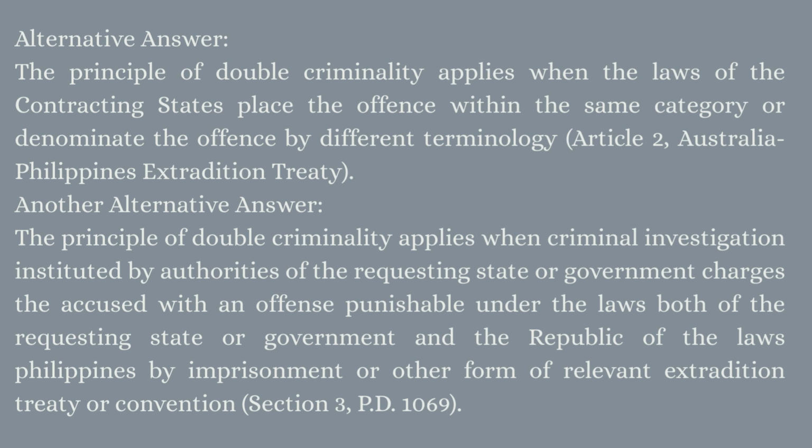Another alternative answer. The principle of double criminality applies when the criminal investigation instituted by authorities of the requesting state or government charges the accused with an offense punishable under the laws both of the requesting state or government and the Republic of the Philippines by imprisonment or other form of deprivation of liberty, as provided in the relevant extradition treaty or convention.